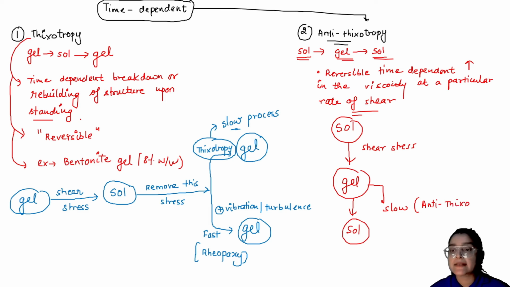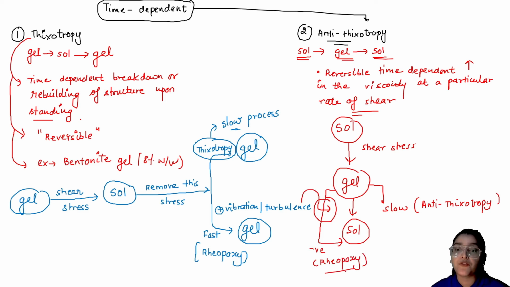But once this process is fastened yet again with the help of vibrations or turbulence, then it is termed as the negative GST system. Very important, students, from the exam point of view. The anti-thixotropic system, sol gel sol conversion with the help of vibration, if it is happening, it will be a negative GST system. Very important from your exam point of view.